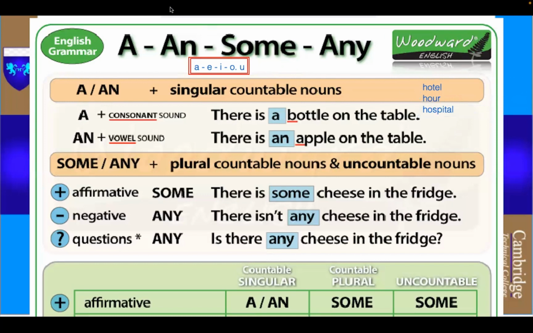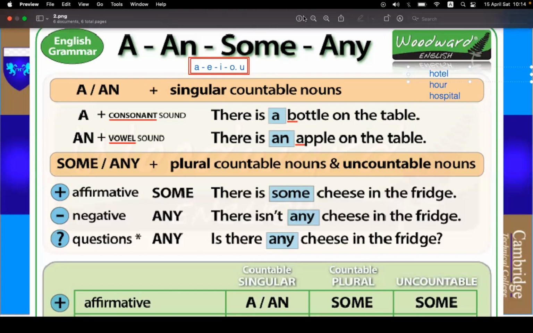So who can tell me what should we use in these words? In hotel, hour, hospital. Mr. Asad, can you tell me in hotel, what do we use? Do we say a hotel or an hotel? It's a hotel.